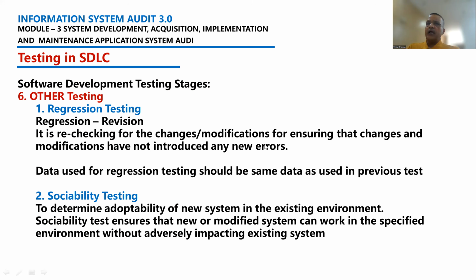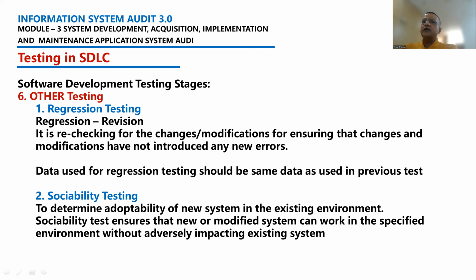So again, regression testing will help me in finding out that after I have modified those corrections, it has not introduced any new errors. Because when we use software, it looks very simple, but internally it has many components and interconnectivity. So regression testing helps in that case, whenever there is any modification or change done to the software, it doesn't generate a new error.